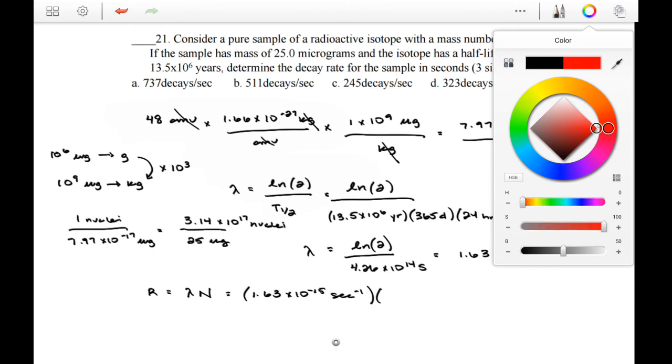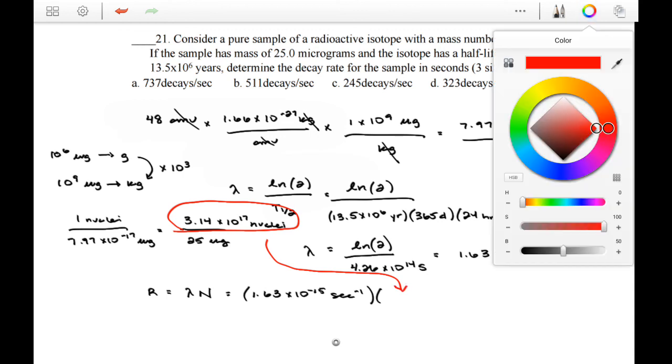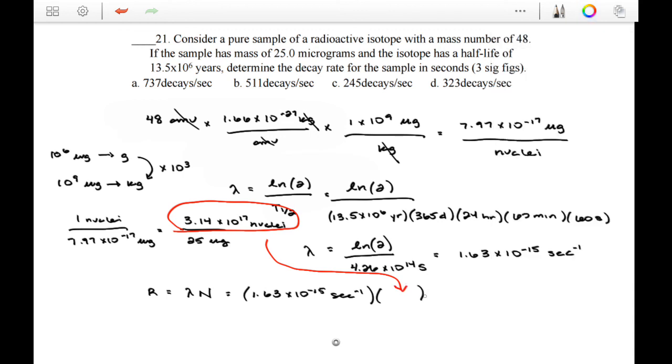I'll color this in red here, and this is going to go here. Once we multiply across, we'll get a value for our rate, which will be 511 decays per second. So the answer for number 21 is B.